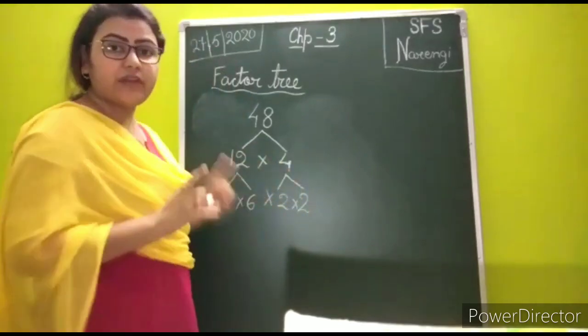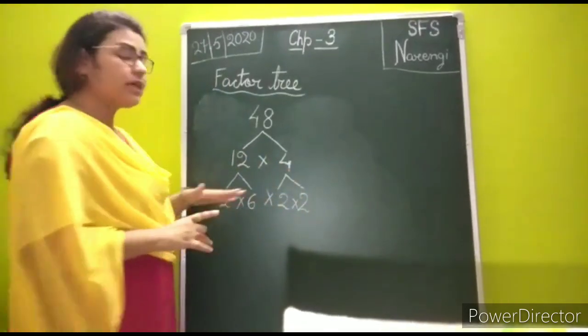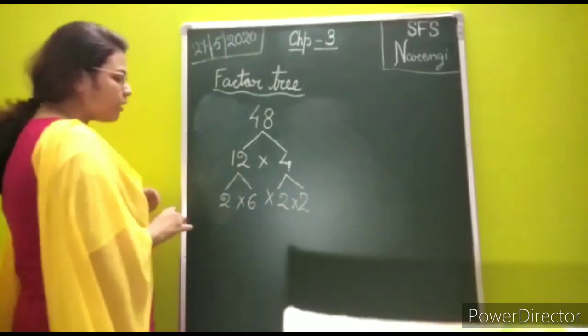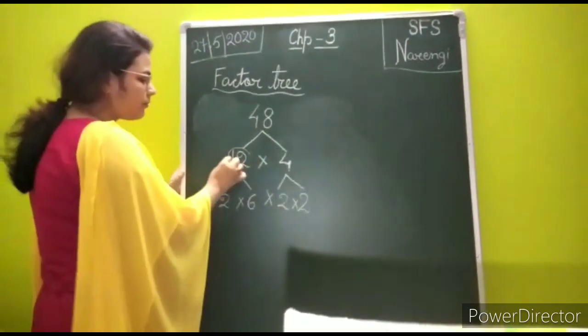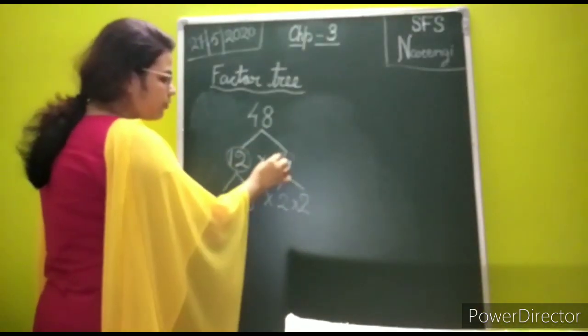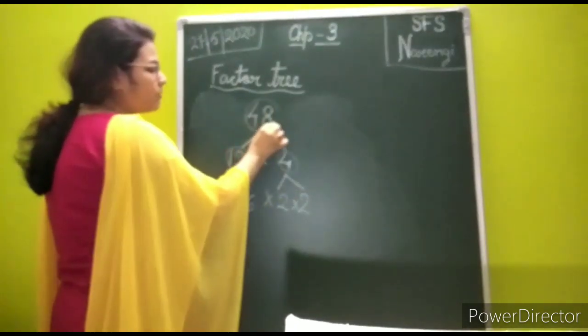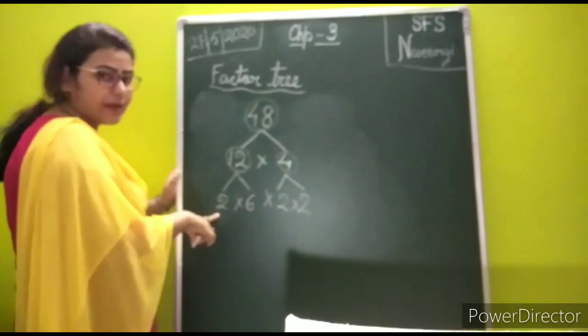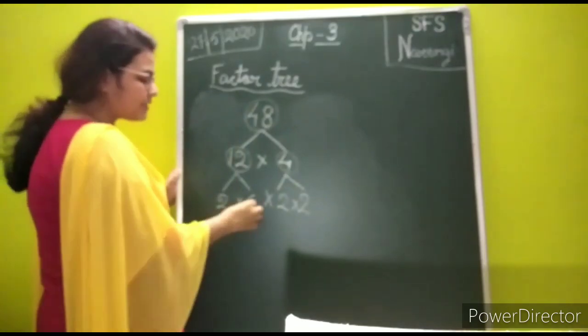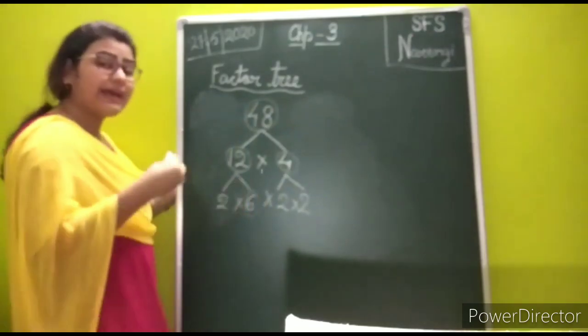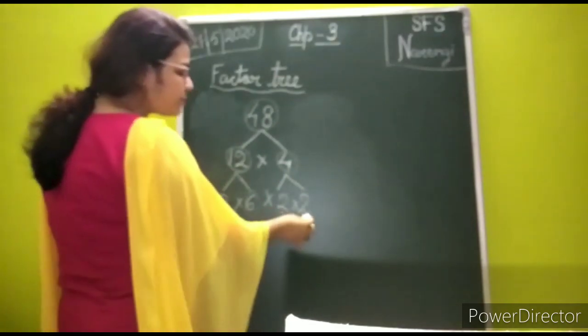These into signs are very, very important, children. This into sign is a must. Now you see, the ones that are composite, make a circle. Now 2 is prime. 6 is composite. That means we will again have to divide it. 2 is prime, 2 is prime.